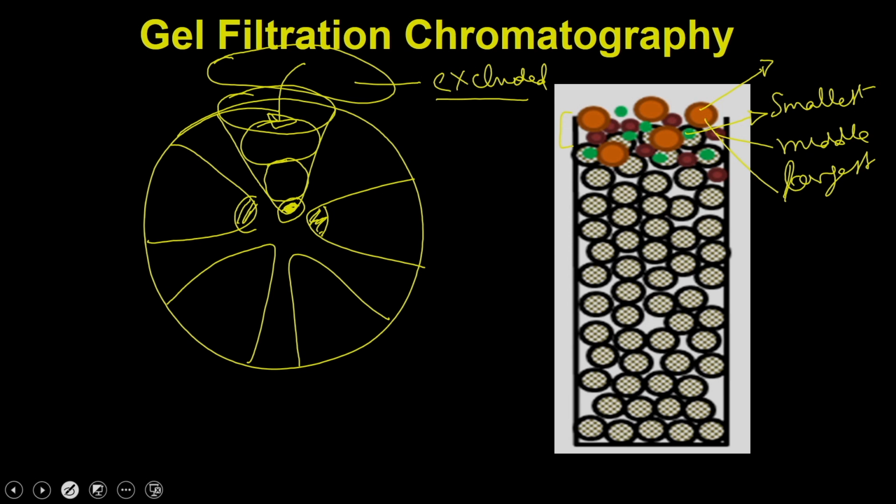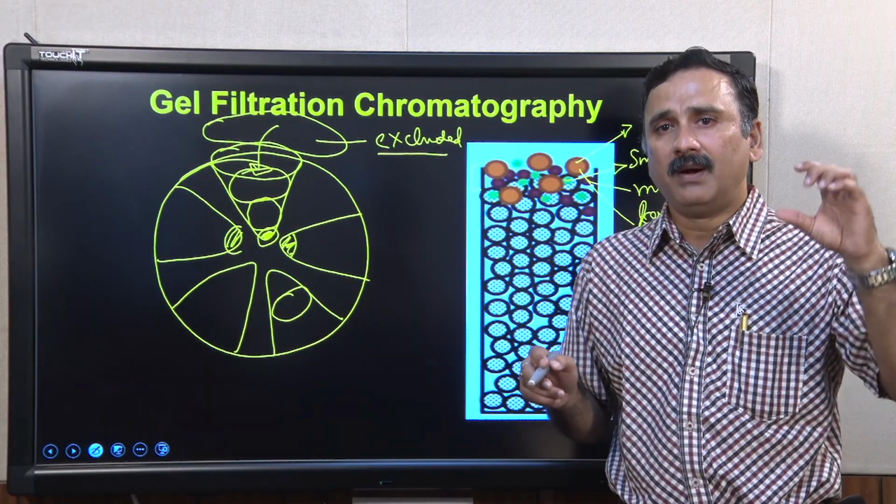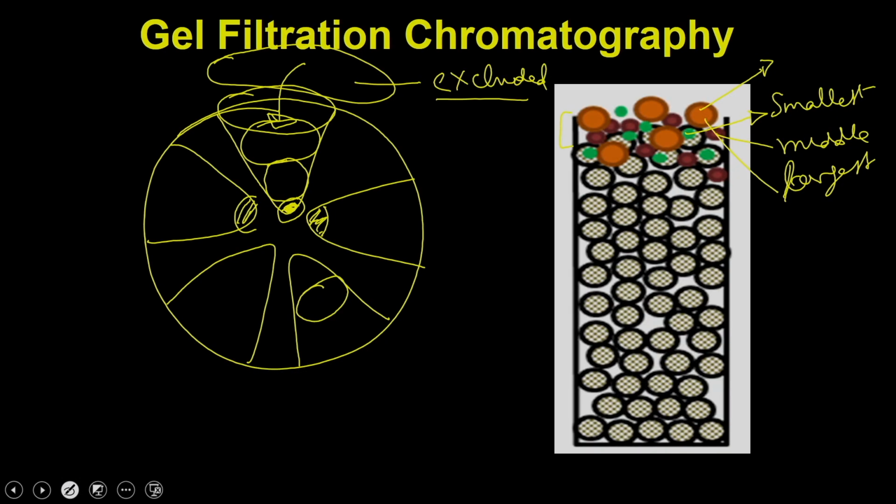So, the green ones bind to different sets of layers of the pores in the column, at different positions within the pore, and ultimately the orange ones also get distributed and bind to different positions within the pore, but not onto the same beads.